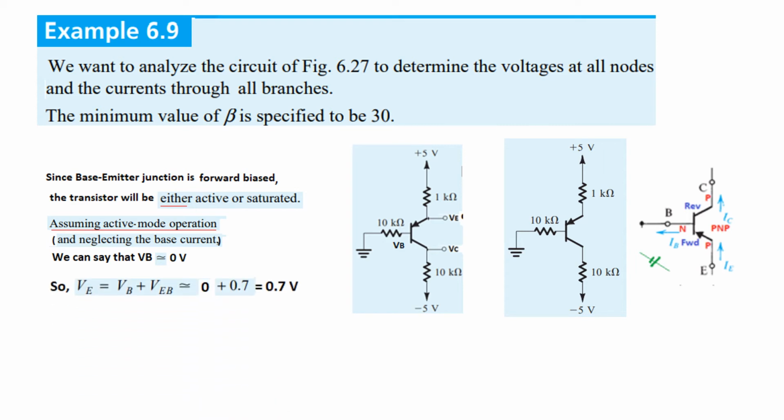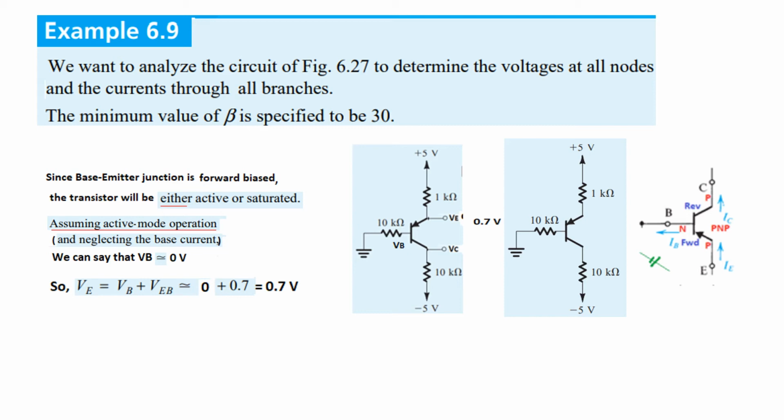And if VB is 0, then VE will be VB plus VEB. VB we had assumed to be 0, and VEB we know is 0.7, the base emitter value. So VE will be 0.7 volts.